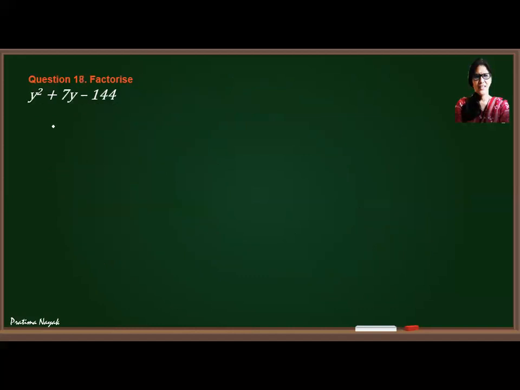Next, y square plus 7y minus 144. You have to split the 7 into a subtraction result, because this is negative 144, C is negative. So you have to think of two numbers whose subtraction is 7 and whose multiplication is equal to 144.